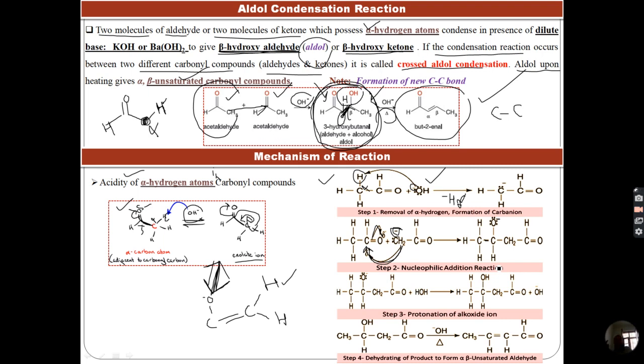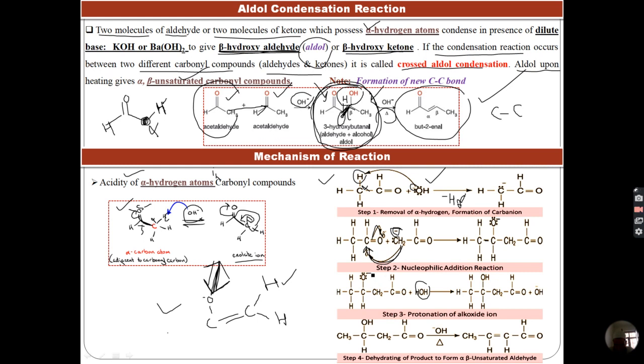Fine. Now in step number 3, this is our compound which has a negative charge. It takes a proton from the water. We have water in the medium because we are using the base.